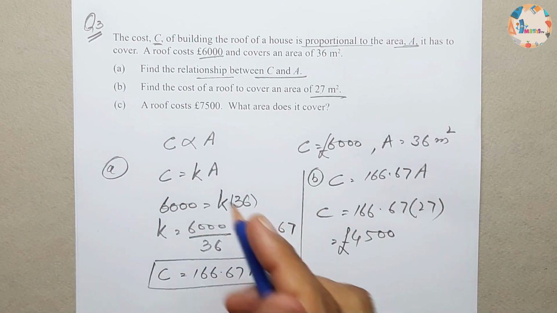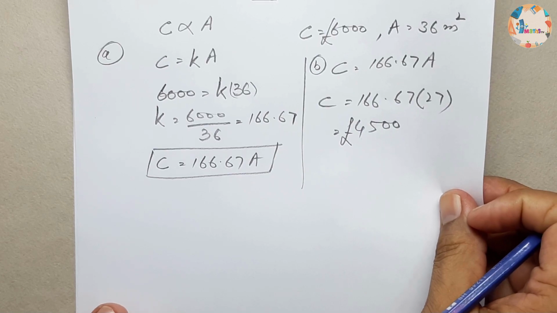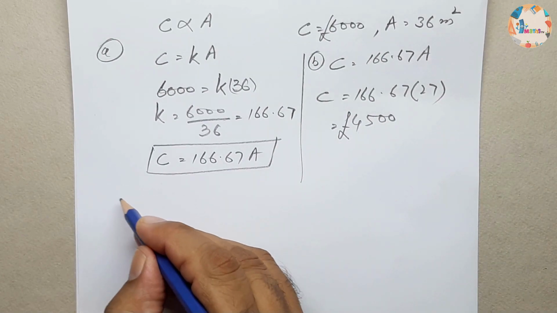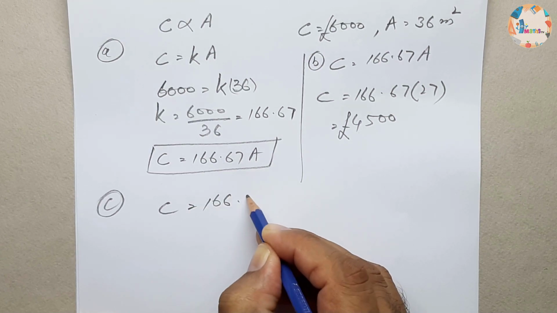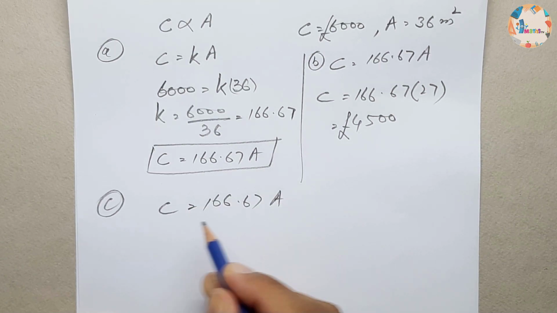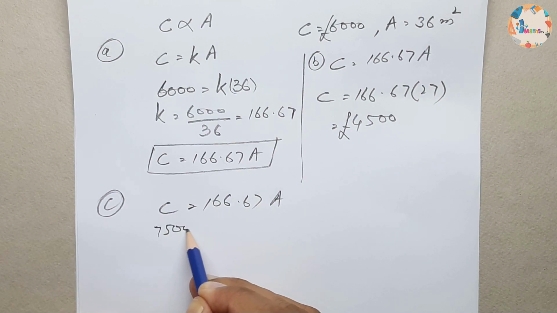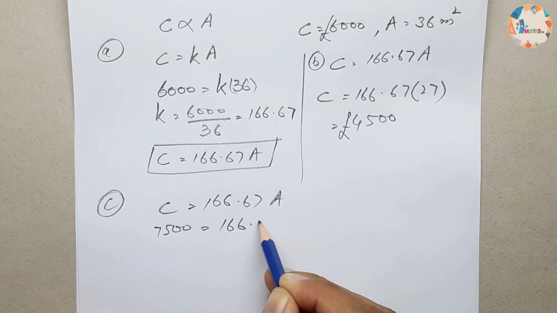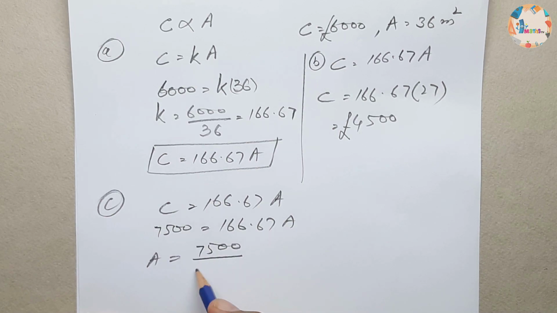Now C part, the roof costs this much. Now cost is given, and the covered area we have to find. So again, for C part, we will write the same equation. C is equal to 166.67 into A. Now cost is 7,500 pounds is equal to 166.67 into A. So this implies A will be equal to 7,500 divided by 166.67.